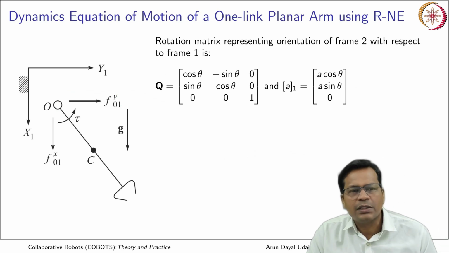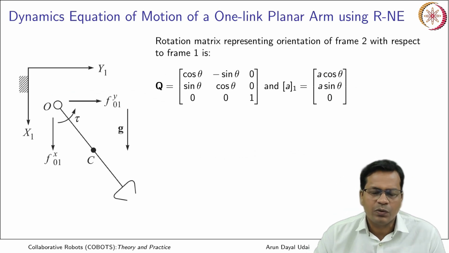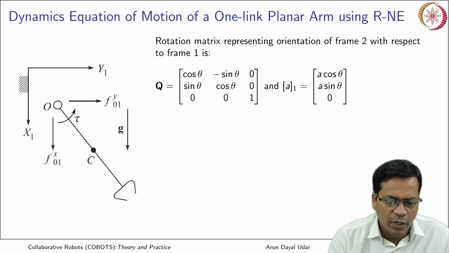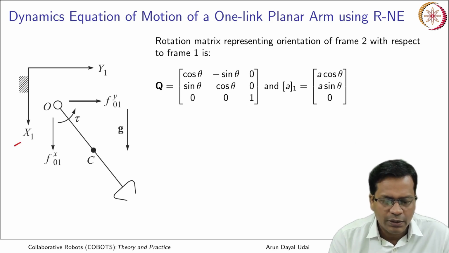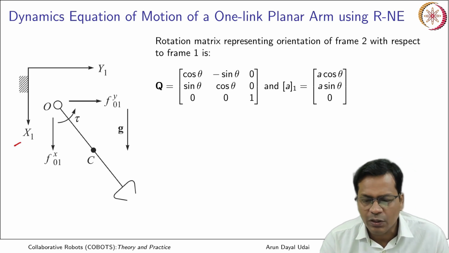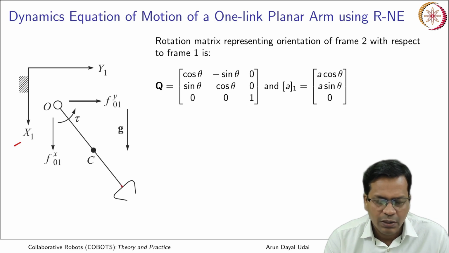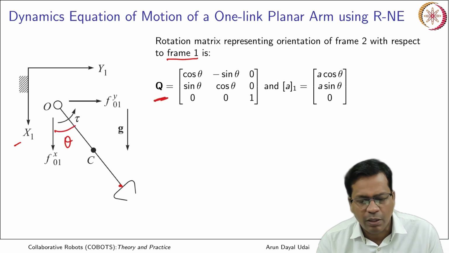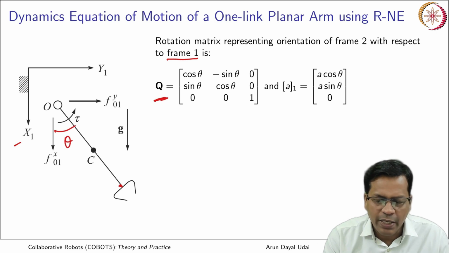Now let us see one example using recursive Newton-Euler approach. This is just one link, with the fixed frame 1 which is shown here. Now the rotation matrix representing the orientation of frame 2, that is the tip of this link, with respect to frame 1, the frame prior to link 1 where link 1 is attached, is simply, as you already remember, rotation about z by an angle theta.